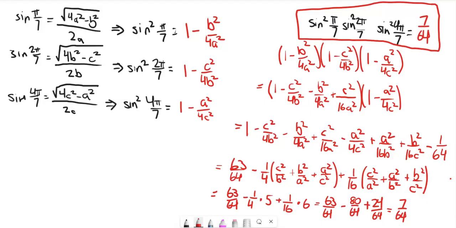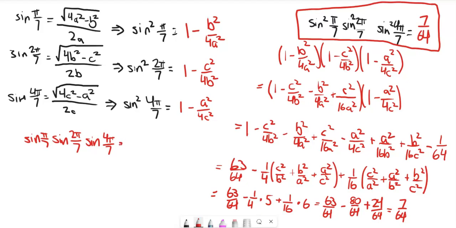But no, I was actually looking for this calculation: sine of pi over 7 times sine of 2 pi over 7 times sine of 4 pi over 7. Well, the thing is, those are the regular versions. They are not the squared versions. So if you take the square root of that entire boxed-off expression, you'll get the result here.